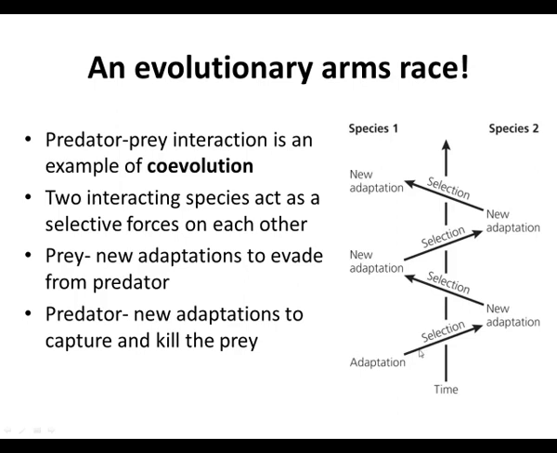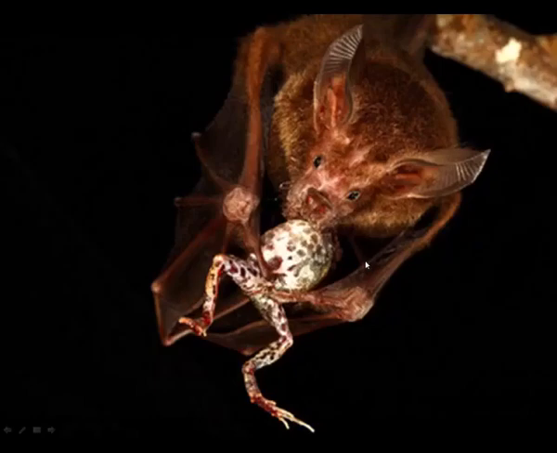And that will select the species 2, our predator, to come up with another new adaptation to better locate the prey item. And again, this is a never-ending game, and we call these evolutionary arms races. Okay, so do you recognize this one? This is a frog-eating bat from tropics.